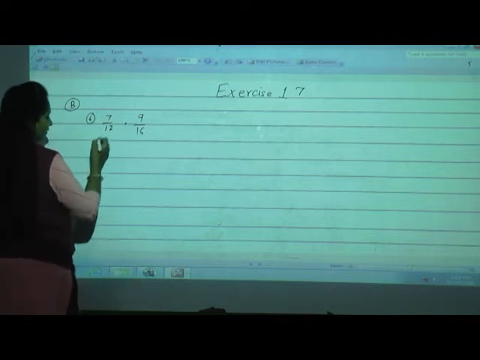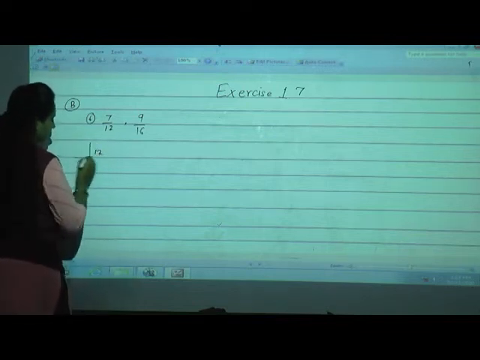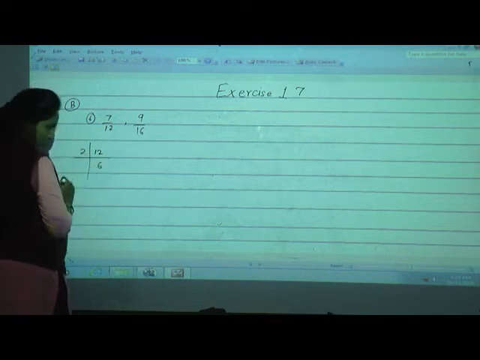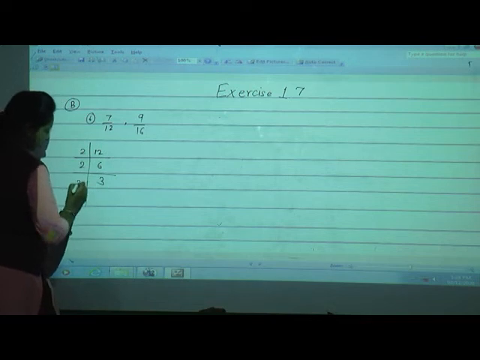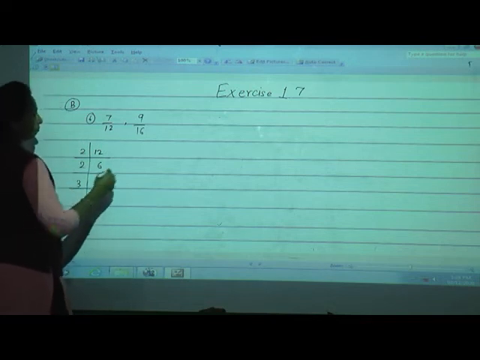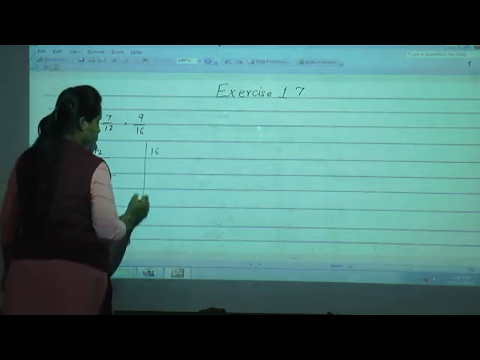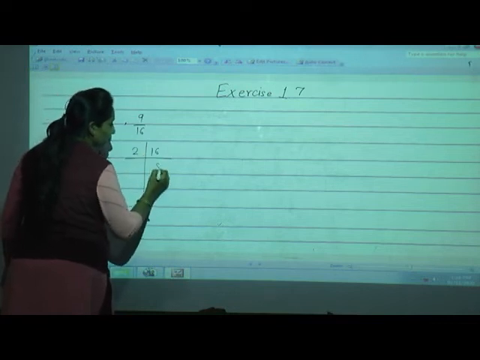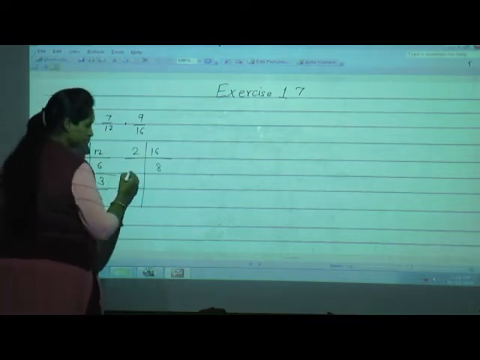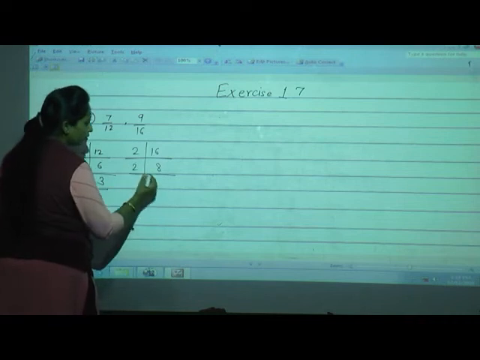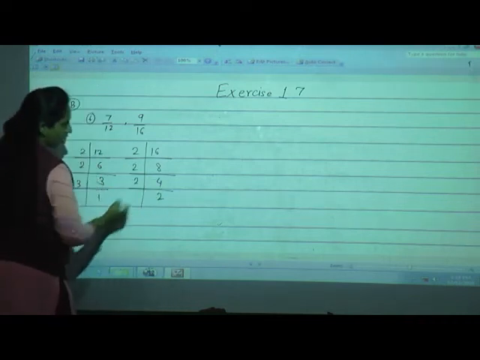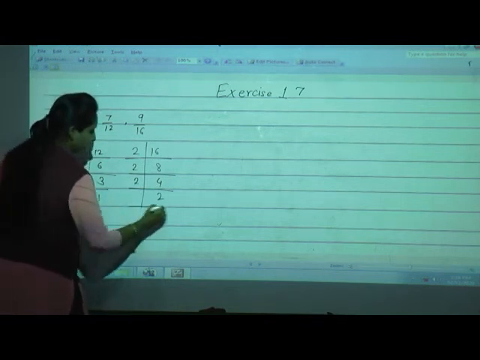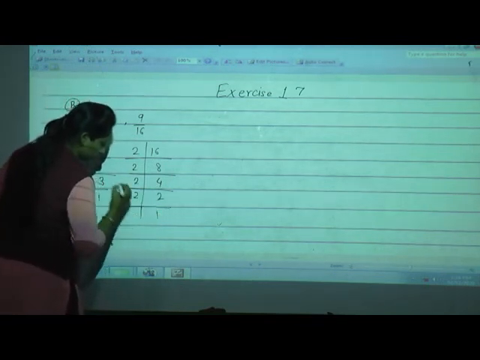So first we will find 12. 2 6s are 12, 2 3s are 6, 3 1s are 3. Now 16s. 2 8s are 16, 2 4s are 8, 2 2s are 4 and 2 1s are 2.